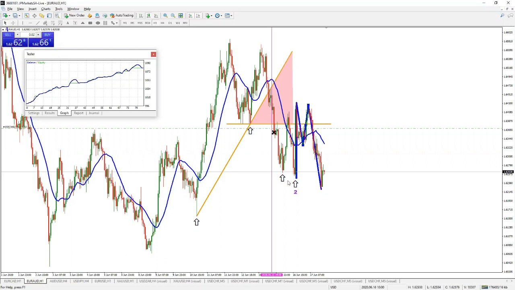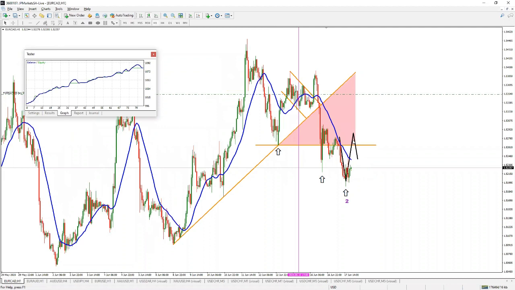Okay, so let's go to the odd Euro CAD actually. We're still completing that M, so we're waiting for this move to the upside. After that, we're waiting for the M or something similar to be created, and then we expect it to move down from there, like so.